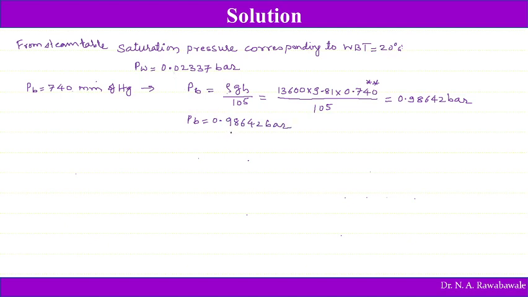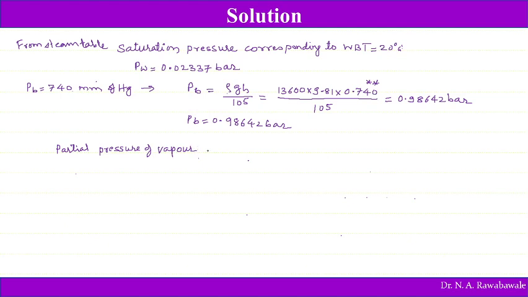Now we know PW, we know PB. Once we know PW and PB, we can find out the partial pressure of water vapor.